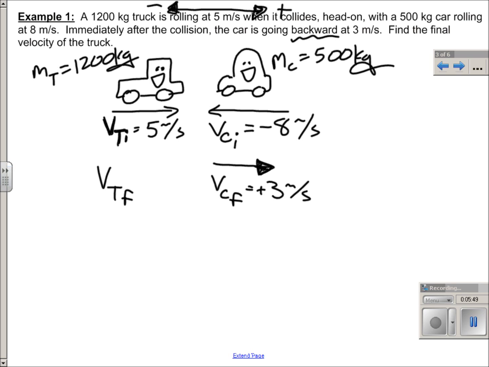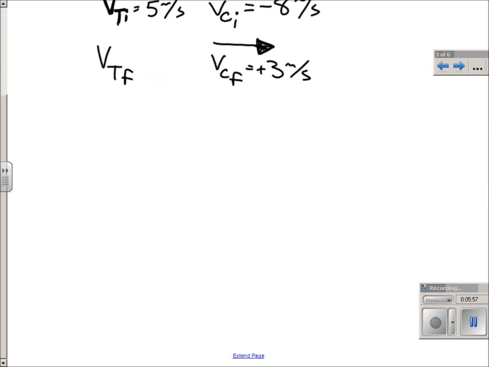Now, to solve it, we're going to make a chart, actually. I just saw this done this way recently, and it makes a ton of sense to do it this way. So here's what we're going to do. We're going to make a chart, and on one side of the chart, we're going to list our objects. So in this case, we've got truck and car. Those are our two objects.